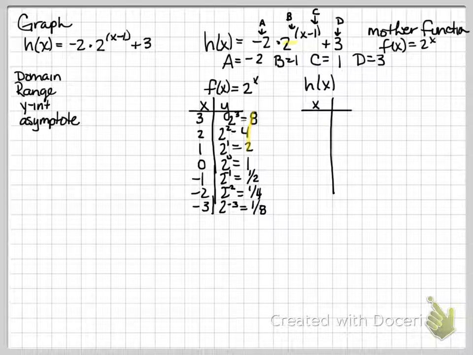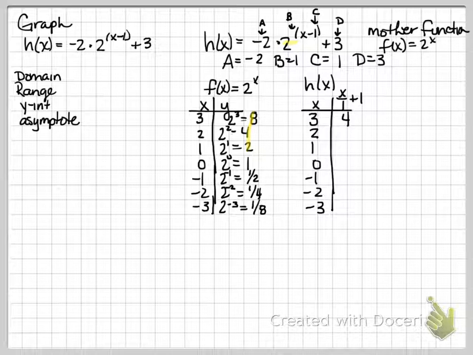Okay. Take my original x values, and that's 3, 2, 1, 0, negative 1, negative 2, and negative 3. My b is 1, so I'm going to divide by 1 and add 1. Okay, so 3 divided by 1 plus 1 is 4. 2 divided by 1 plus 1 is 3. 1 divided by 1 plus 1 is 2. 0 divided by 1 plus 1 is 1.